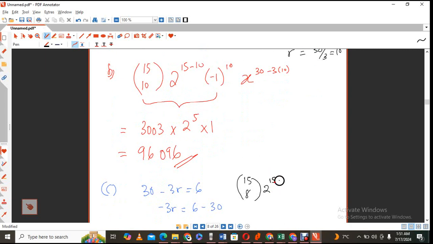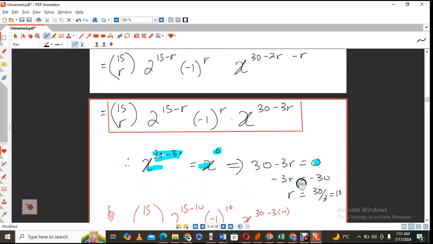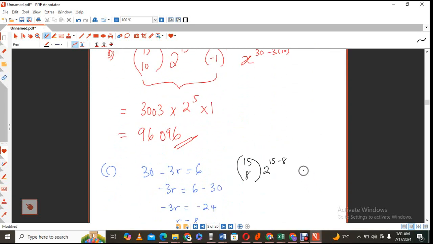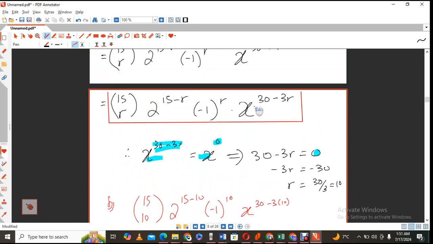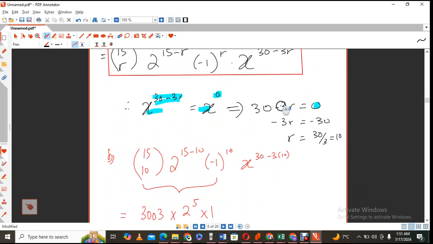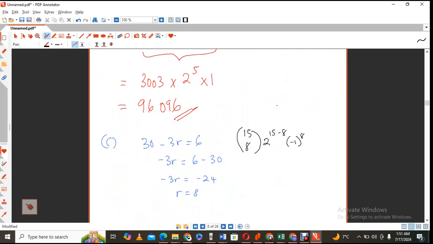Then I have negative 1 to the r, negative 1 to the power 8. No need to write it down, but let's write it down. That's my constants. And for x, we have 30 minus 3r, so x will be 30 minus 3 times 8.